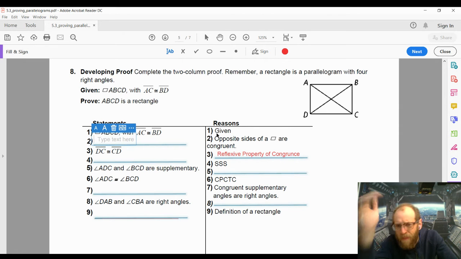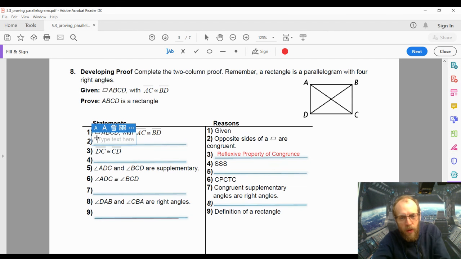So here, I need to say that, so ADC. So I know that the hypotenuses of these triangles are congruent. I know that the bottom side of these two triangles is congruent. I need the third to say that the third side is congruent. In this case, AD and BC. How do I know that? Well, because I know this is a parallelogram and the opposite sides of a parallelogram are congruent.